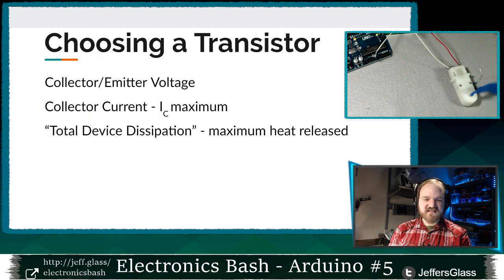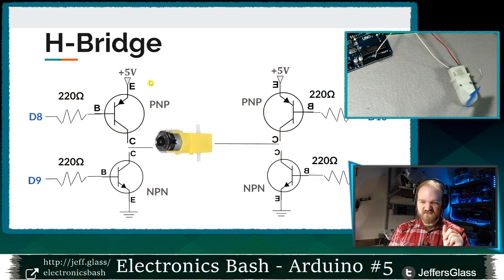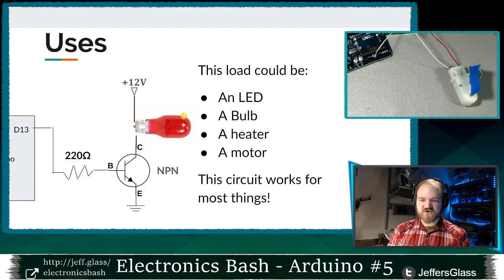So let's think about these 3 things. So collector emitter voltage. And these things are true, by the way, for NPN or PNP transistors. Either way, these 3 characteristics apply. So let's go back to our lamp circuit here. In this circuit, I knew I needed to apply 12 volts to turn on my 12-volt lamp.